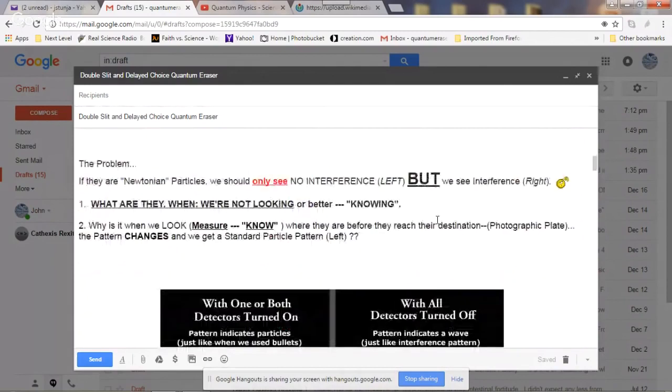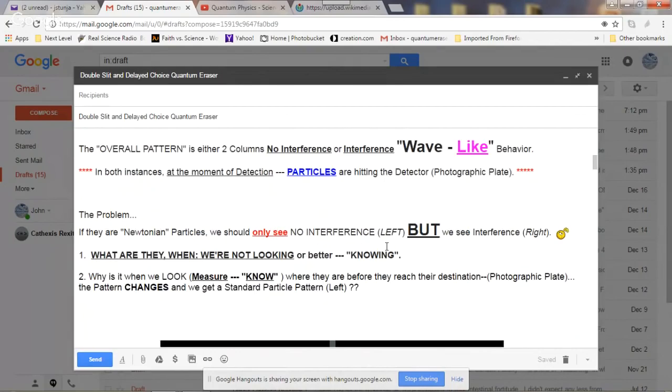That's a problem. The problem is, what are they when we're not looking, or better, knowing? And two, why is it that when we look, that is, measure or get to know where they are before they reach their destination, the photographic plate, the pattern changes, and we get a standard particle pattern here to the left?